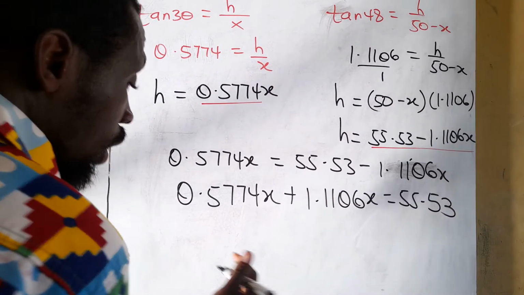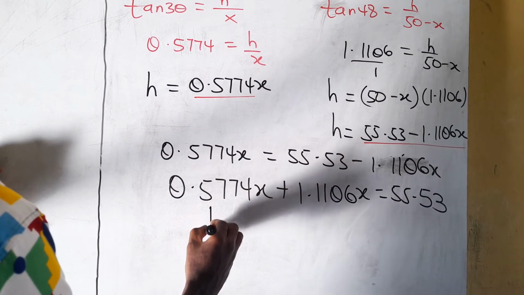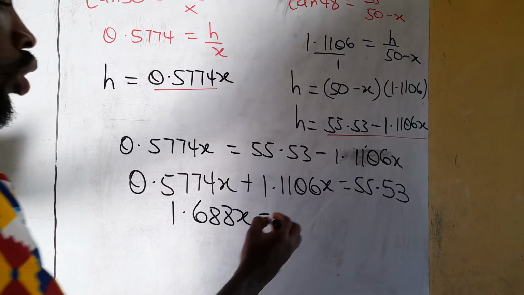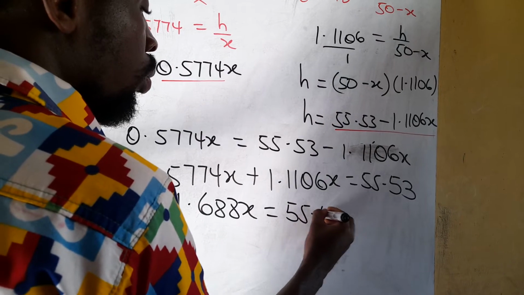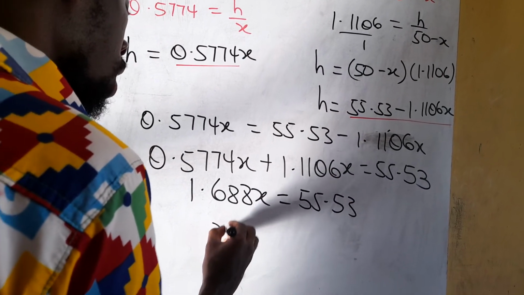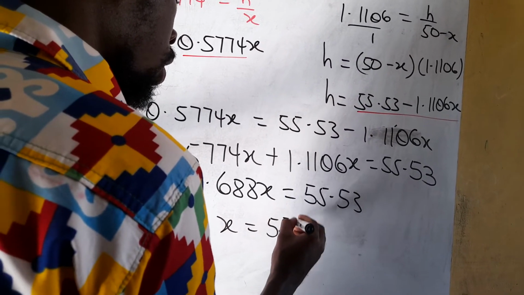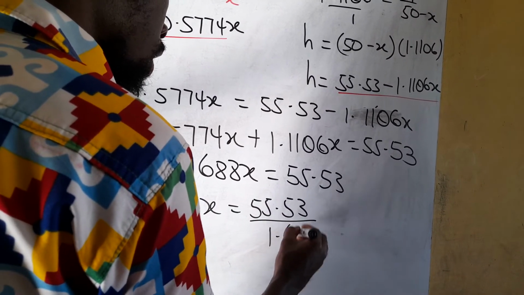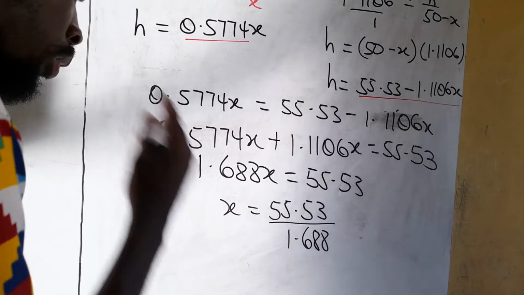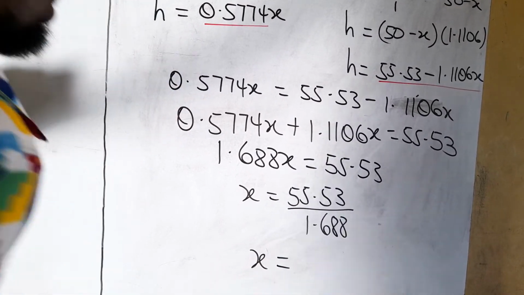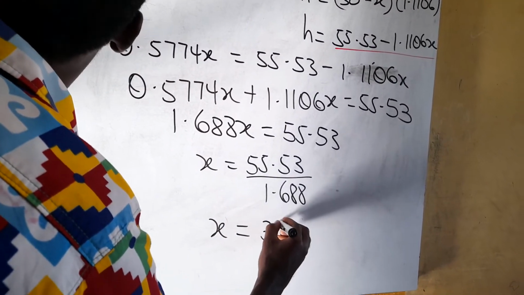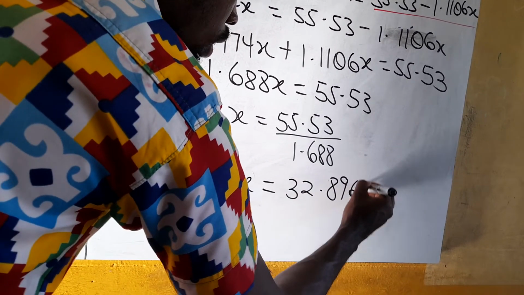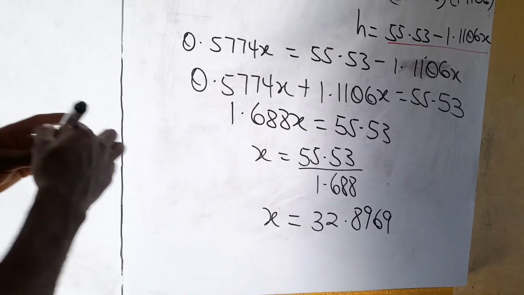So this plus that will give us 1.688x equal to 55.53. Our x will equal 55.53 over 1.688. So we'll do that. X will be equal to 32.8969.